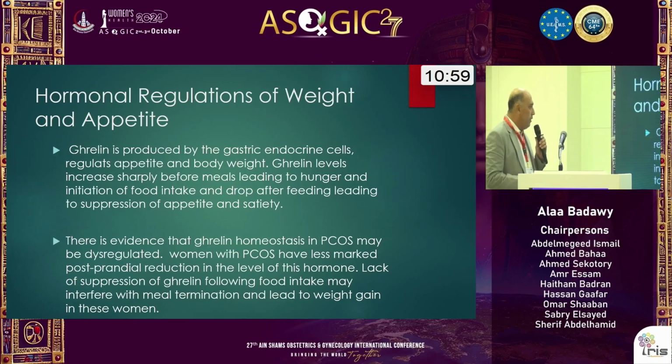There is evidence that ghrelin homeostasis in PCOS may be dysregulated. Women with PCOS have a less marked postprandial reduction in the level of this hormone. Lack of suppression of ghrelin following food intake may interfere with meal termination and lead to weight gain in these women. This means that ghrelin is dysregulated in PCOS.